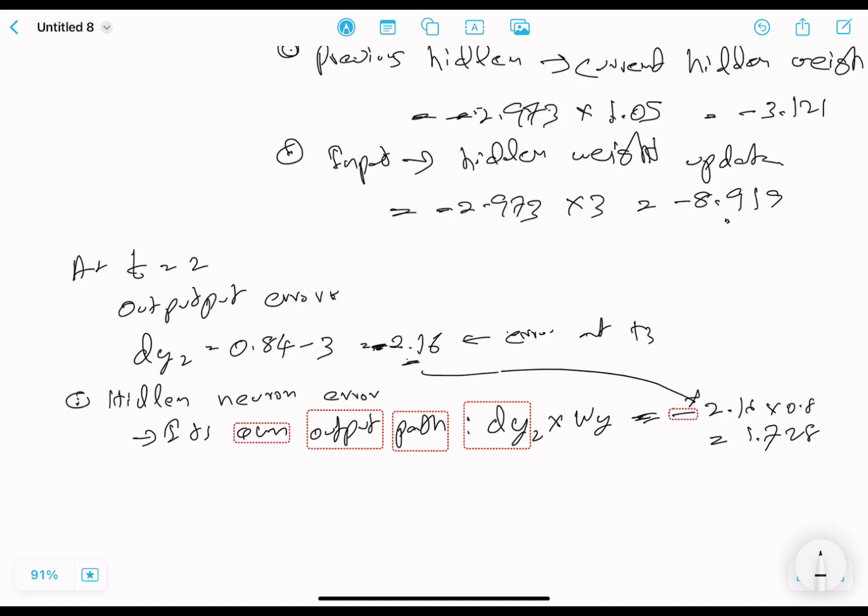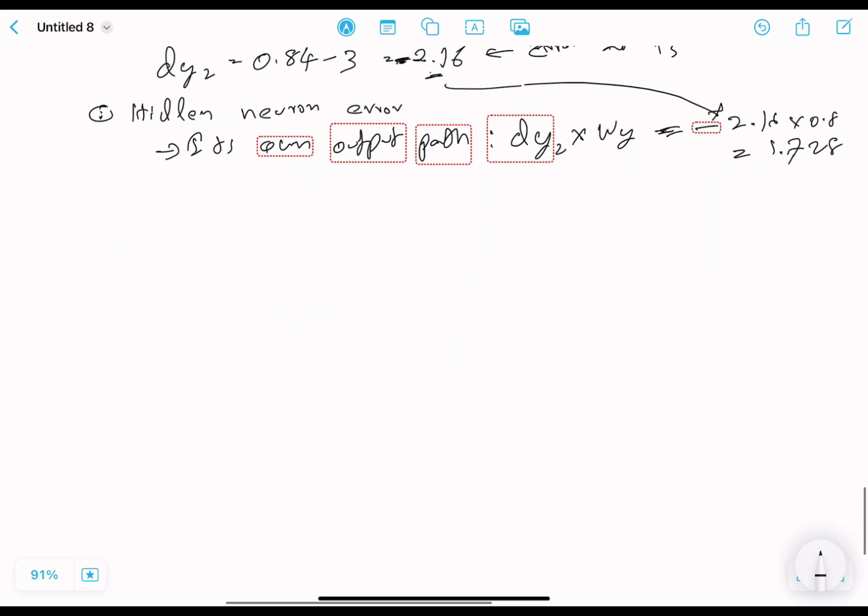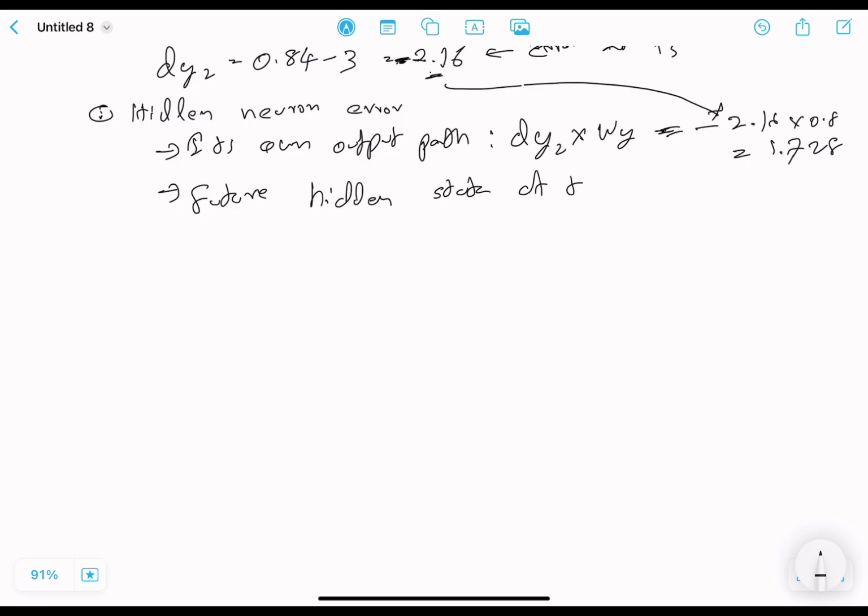So this is its own path, and after that the future hidden state. The future hidden state at t equals 3. So here dh3 into Wh.